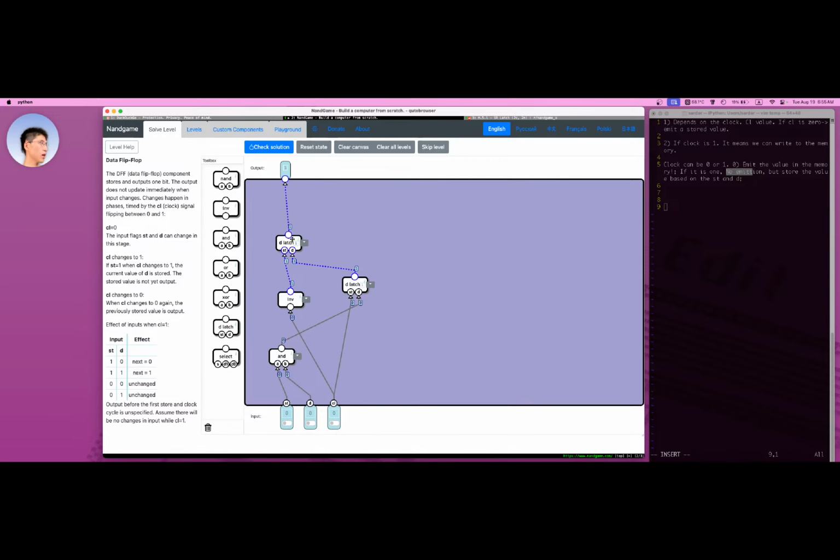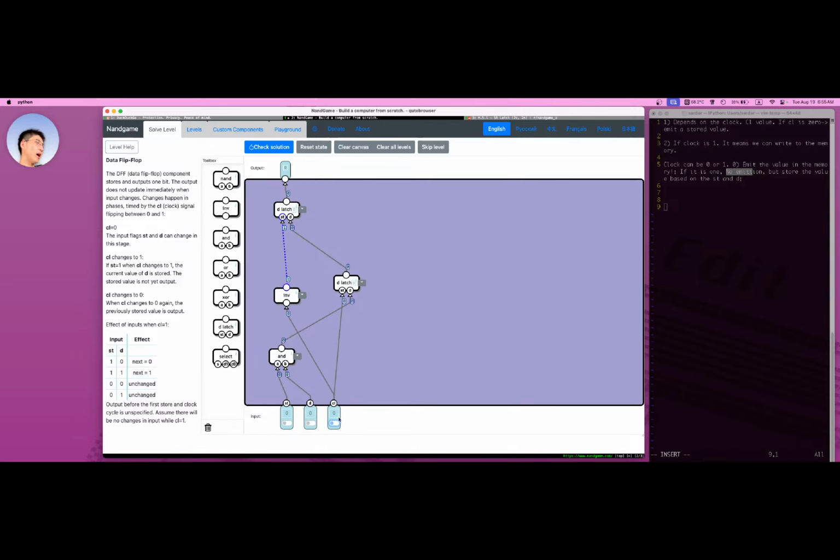So when the clock is 0, emit. When the clock is 1, you can write here. But when clock is 0, this path is wrong.